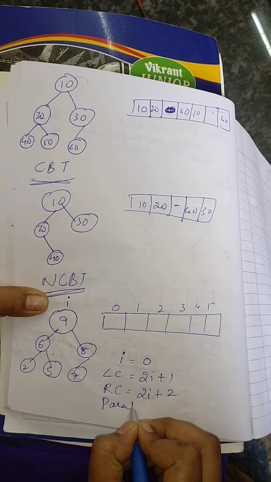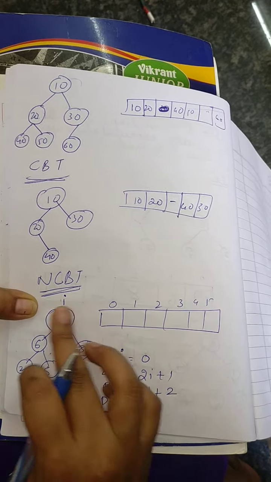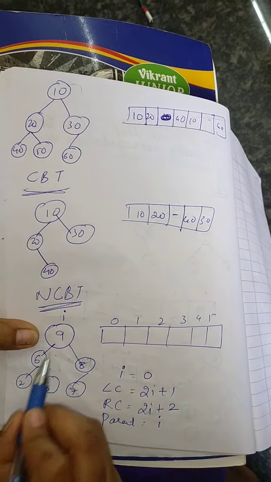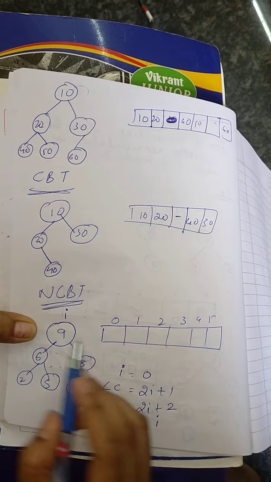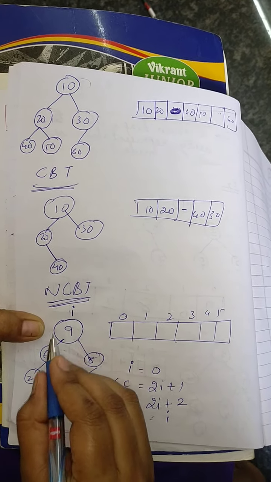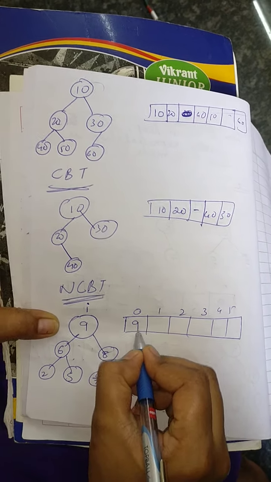Parent is i. So given the tree structure, we can draw the array representation. How is it? See, for example, i equals 0. This is my parent. Always the first, 0, array representation is made by A of 0. That is which position? Parent. That is, the parent is printed as i. What is i now? 9. So represent 9.